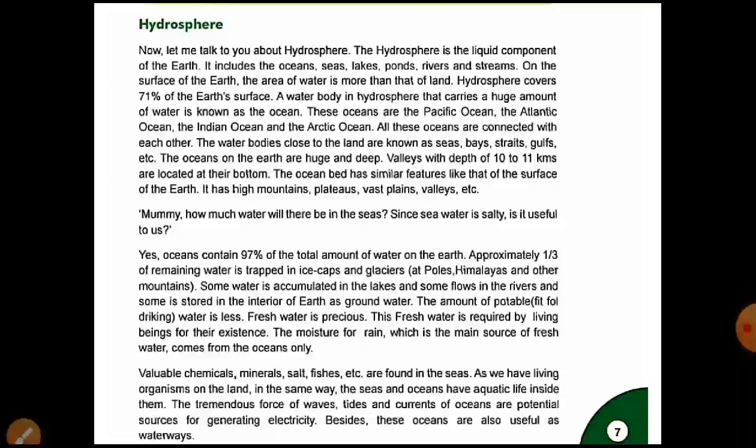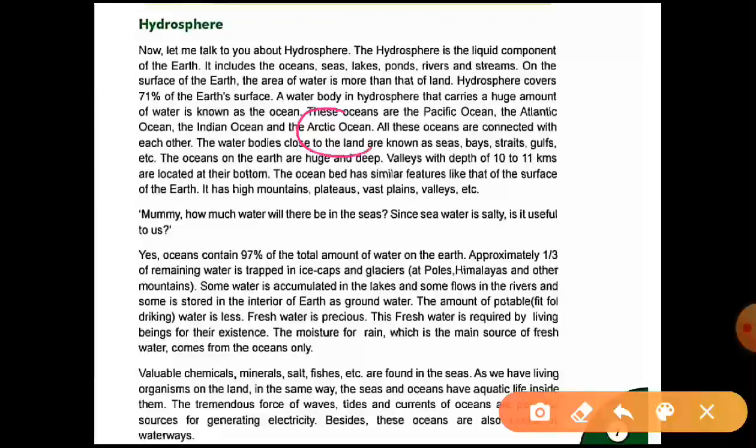Here 4 oceans are given, but I will tell you the 5th one. These oceans are the Pacific Ocean, the Atlantic Ocean, the Indian Ocean and the Arctic Ocean.